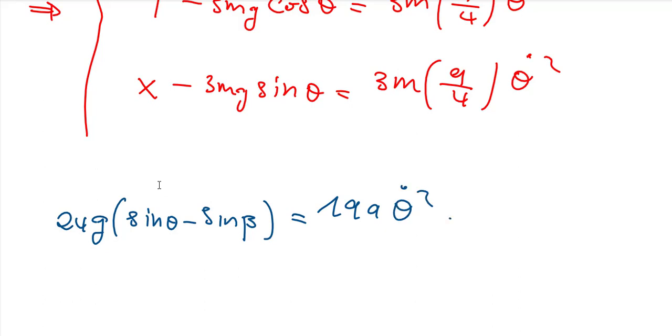So we have to find theta double dot, and to find it, we simply have to differentiate that statement.